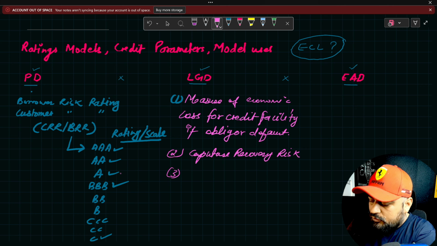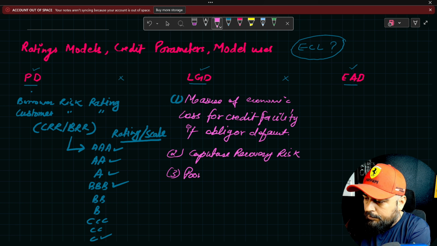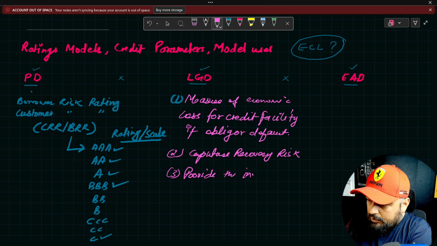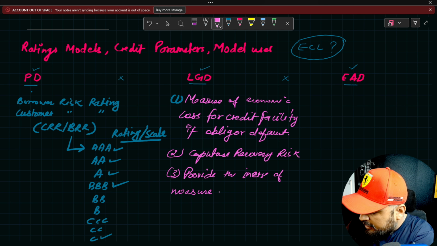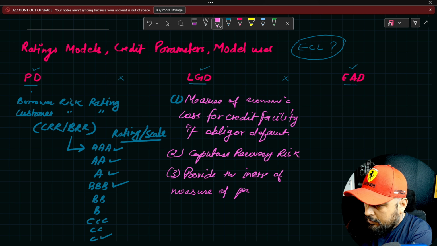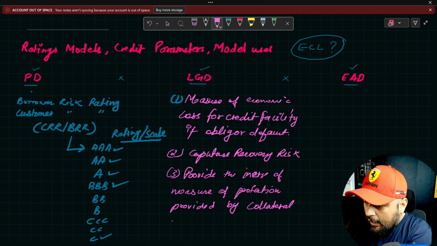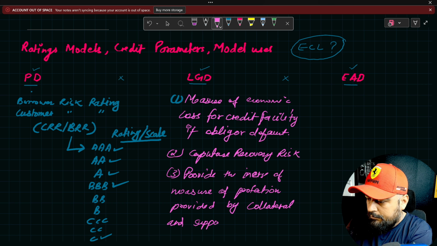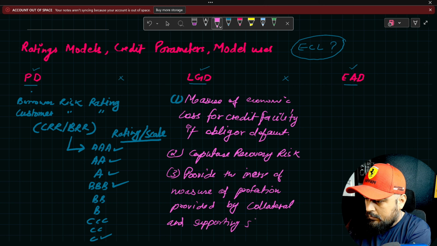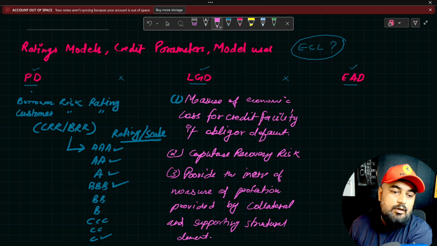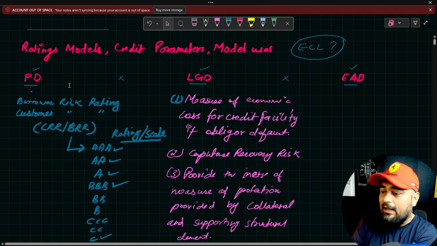And this provides the inverse measure of protection provided by collateral. It can be the house or any collateral which the person has given to the bank, okay? And supporting structural elements. So this is something you need to always remember about the LGD.